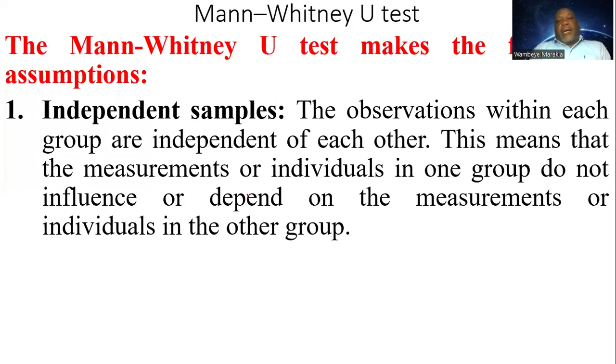This is that observations within each group are independent of each other, that there is no sample that is going to be found in both groups. A sample cannot participate in both groups. A sample only participates in the group that has been assigned to it. We don't have a sample being picked from both groups that we are comparing.